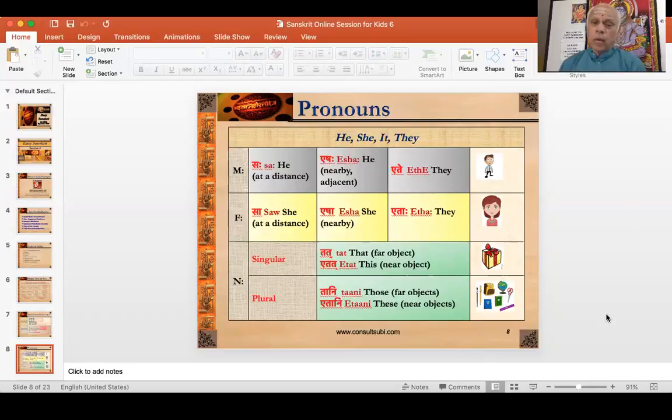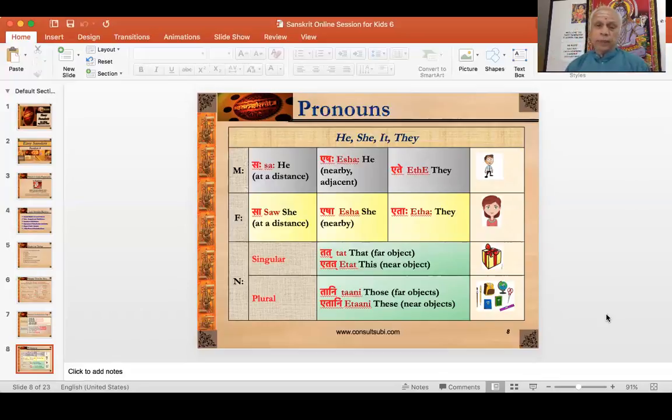Likewise, you have nouns, neutral pronouns, neutral, singular. For a far object, you say tat, like that. You see, there is a rhyming between tat and that. And when it is a near object, when it is this pen, for example, or this glass, you say etat, near object. Etat, etat lekani. This is. The same thing is at far off, you say tat lekani.